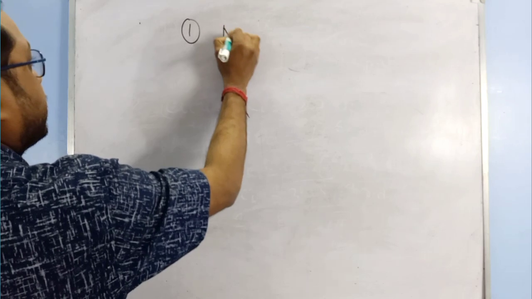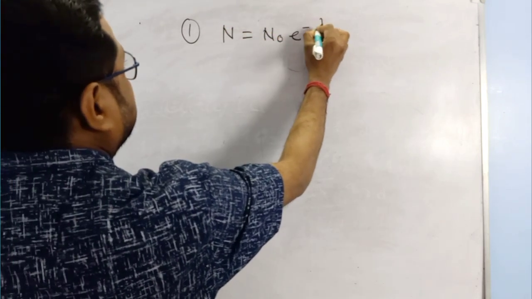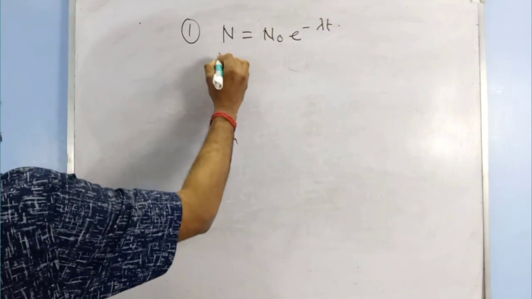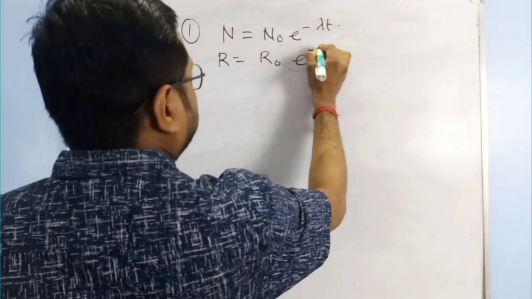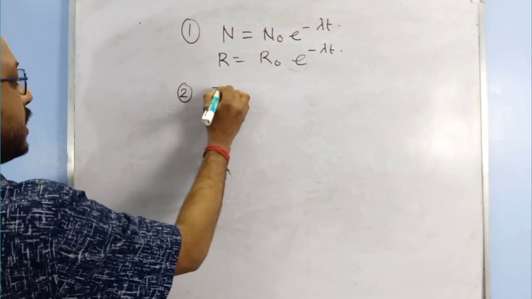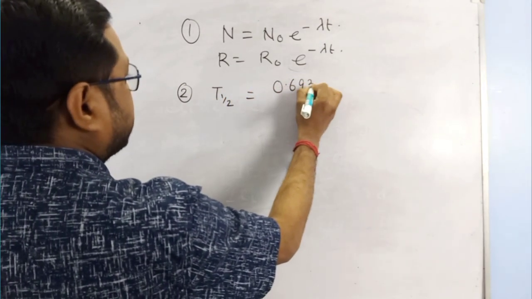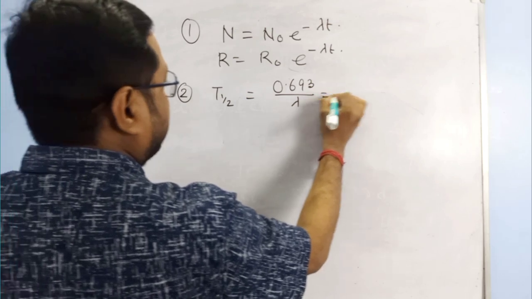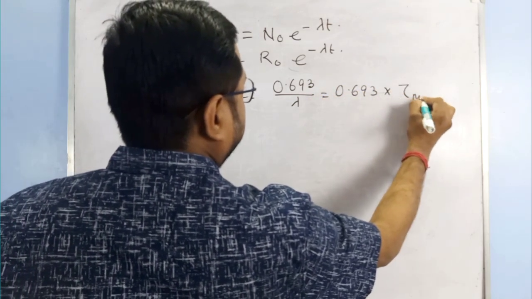At first, N equals N0 e to the power minus lambda t, or in terms of radioactivity, R equals R0 e to the power minus lambda t. Number 2, t half is equal to 0.693 upon lambda, or 0.693 into mean life.